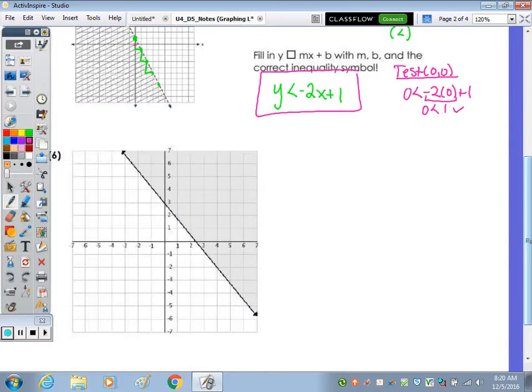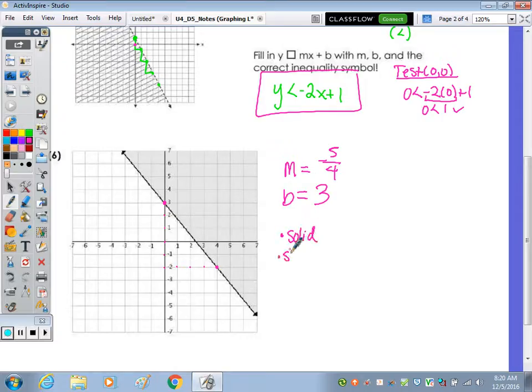Next one. Note our m and b. We have a y-intercept of 3, and then a slope of, let's see, our next point looks to be here. So let's go down 1, 2, 3, 4, 5 over 1, 2, 3, 4. So negative 5/4. This is a solid line, okay?